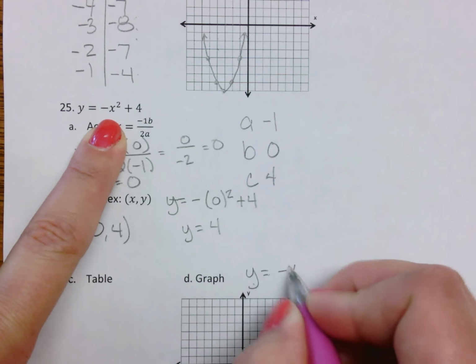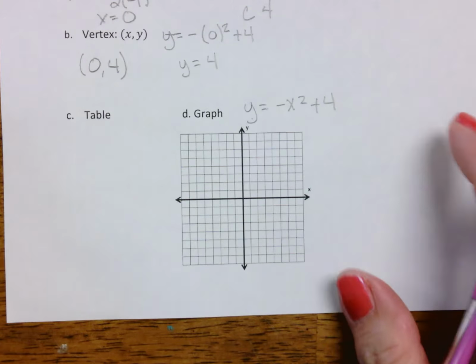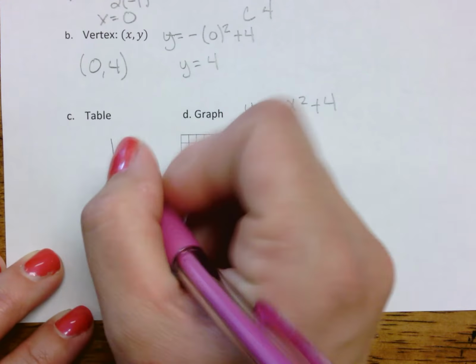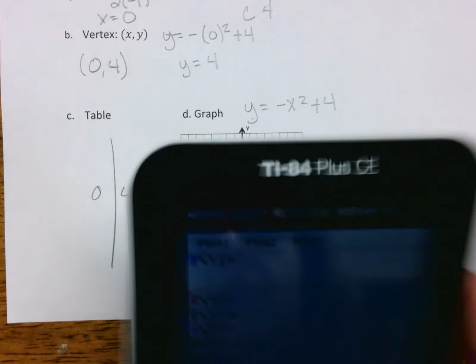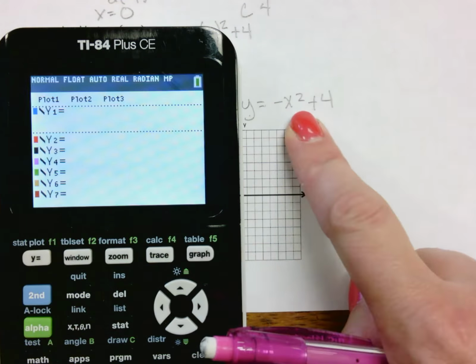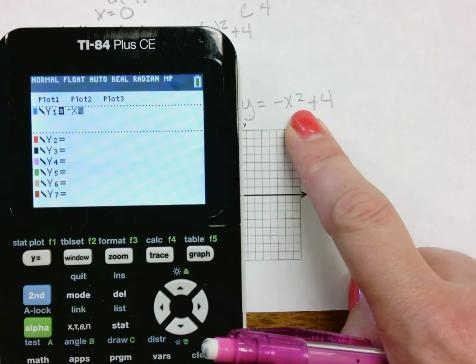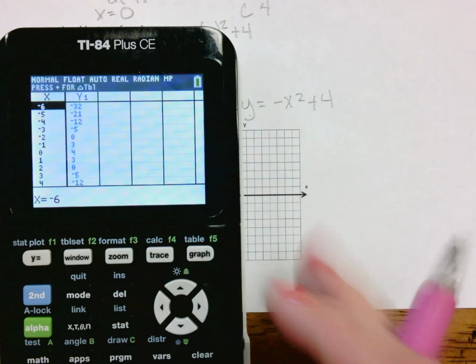Y equals negative x squared plus 4. And then we're going to slide down here and make a table with that 0 and that 4 in the center of it. So we take our calculator, we go to y equals, and we type negative x squared plus 4, and we look at the table.